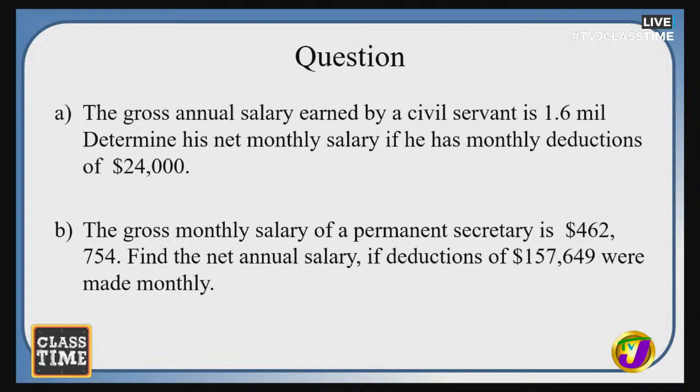That's one question. The second one: the gross monthly salary of a permanent secretary is $462,754. Find the net annual salary if deductions of $157,649 were made monthly. All right, numbers to work with.